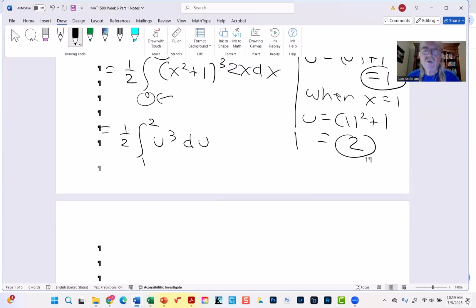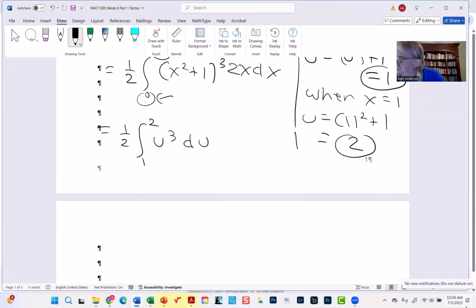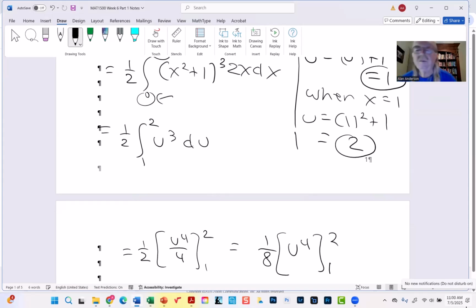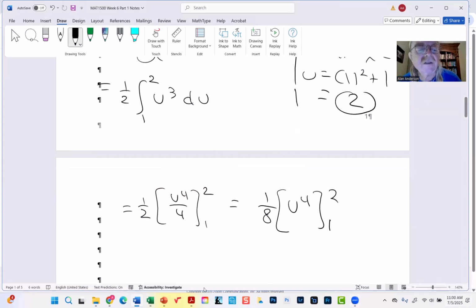So using the power rule for integration, we have the antiderivative, and then we can factor out that 4. And now using the fundamental theorem of calculus, we can evaluate this.